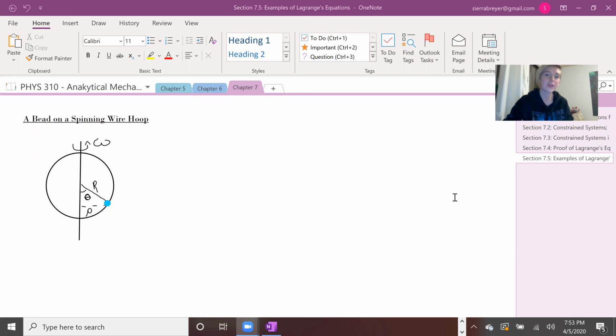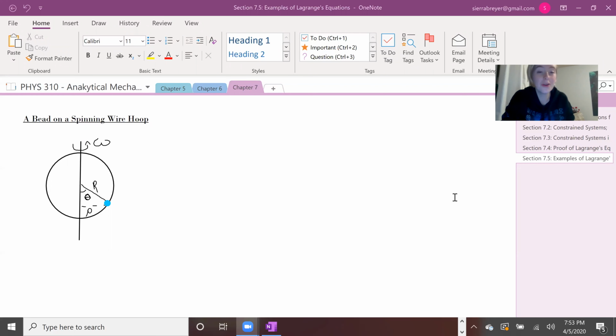All right. So basically this problem is a bead on a spinning wire hoop. The hoop is standing up vertical and spinning kind of like a coin while the bead is going around the loop, because they really wanted to make it annoying for us.